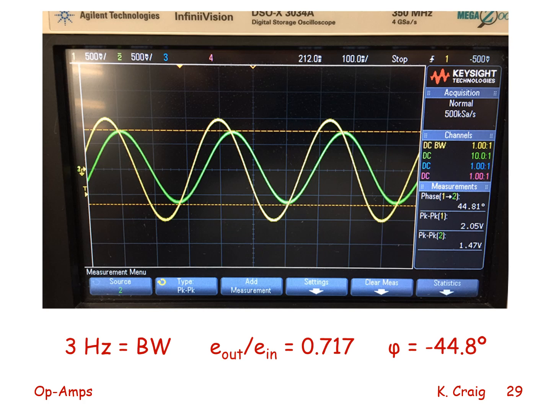At 3 hertz, which is the bandwidth for my active low-pass filter, that's the frequency at which the amplitude ratio drops to 0.707 of its low frequency value, I find that the amplitude ratio is very, very close, 0.717, and ideally the phase angle should be minus 45 degrees, which it is very close to.